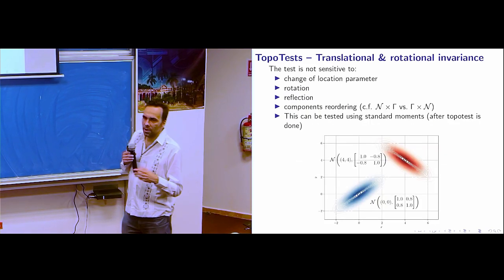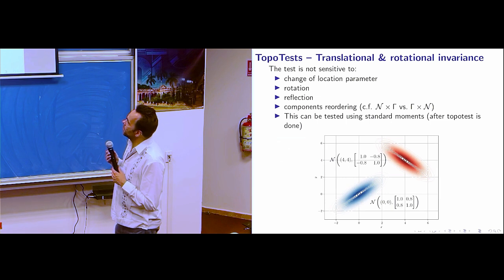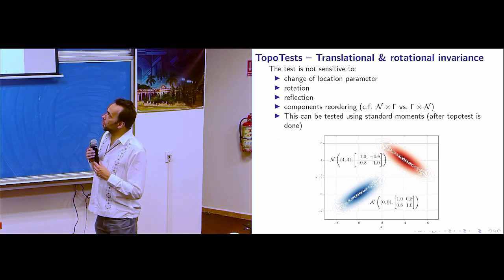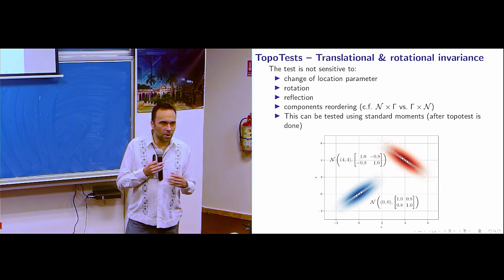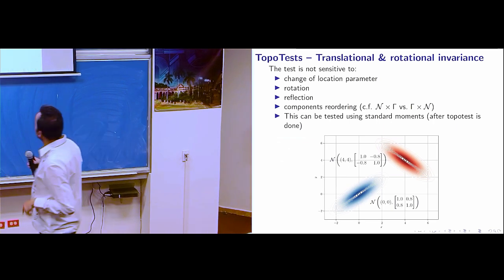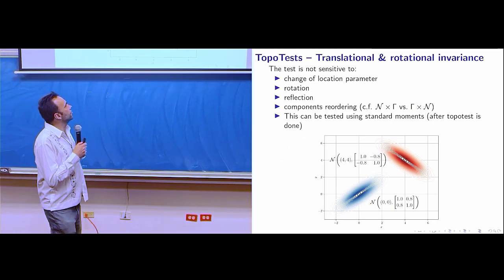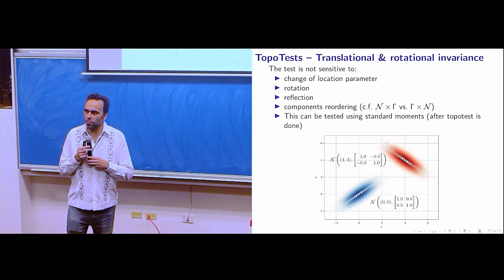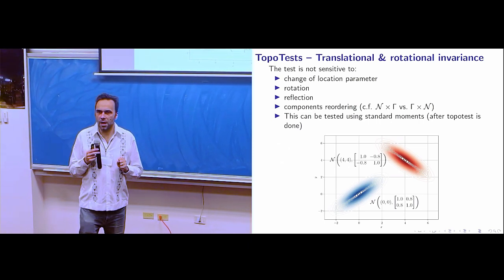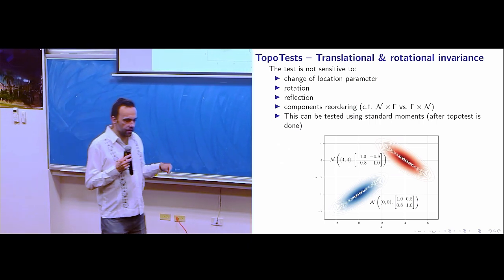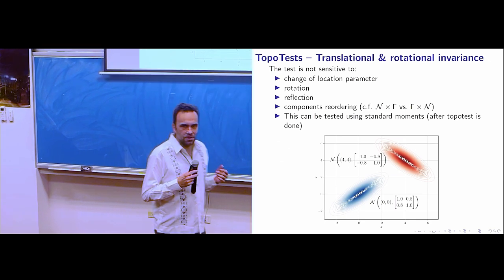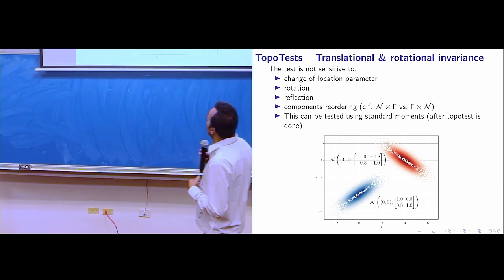It has some caveats that you need to be aware of. So it's a matter of, it's the topological methods. So topology doesn't care about point cloud being translated, rotated, reflected, coordinates being reordered. Topology is fully blind to this type of things, which you may consider an advantage or a handicap. Depends how we approach it, but that's something to be aware of.